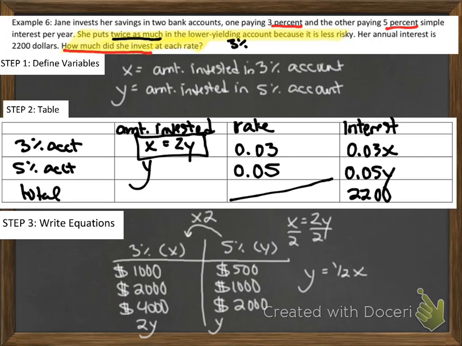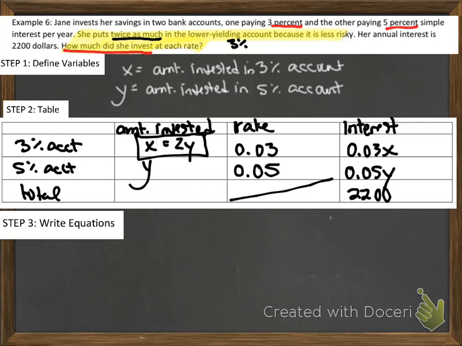All right, so now we need our two equations. So let's erase this so that we have room to write our two equations. We've already said that one of our equations is x is equal to 2y, and the other one comes from the last column, 0.03x plus 0.05y equals 2,200.